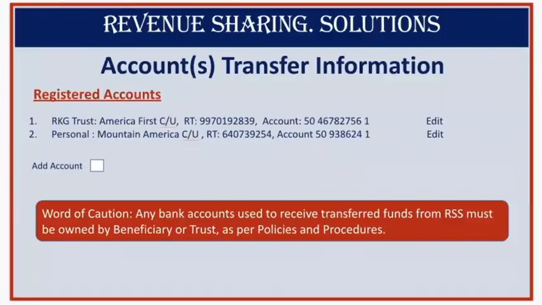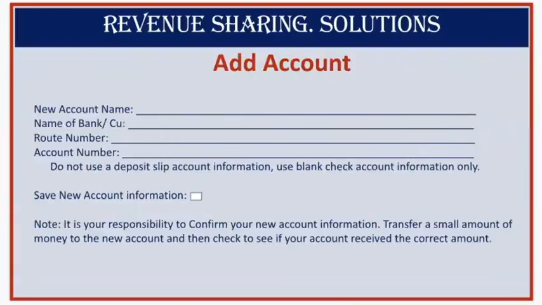So we're going to make some adjustments. Now we're going through it, and it'll be close to where we go in and revamp this. But again, this is for the programmers, and they'll come up with the things that are necessary to account for all the stuff that goes through the revenue sharing solutions. If you want to add an account, here's the place to do it.